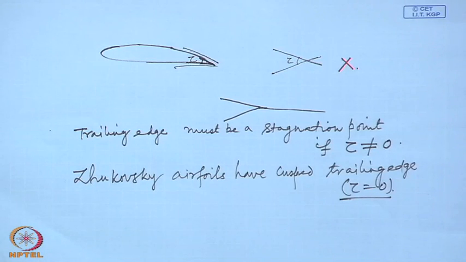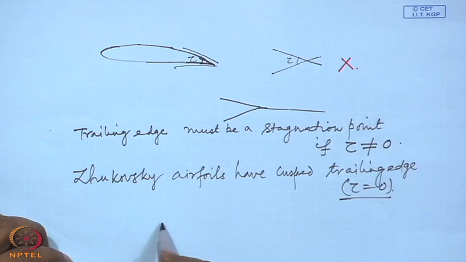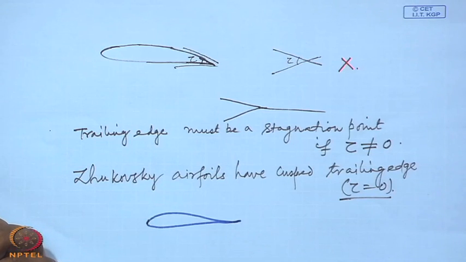What is the meaning of this? Then let us see that. Consider a Zhukovsky airfoil. The trailing edge angle is 0.